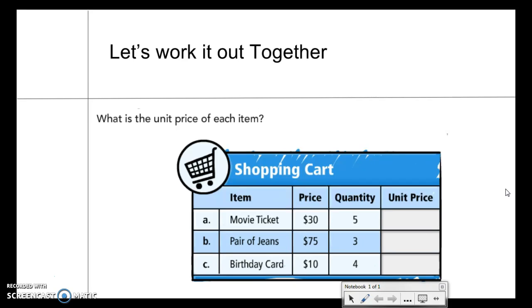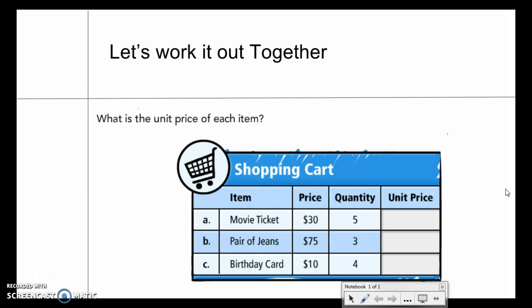All right, I don't want you to copy this. I just want you to see if you can work it out with me, or just follow along so that you know what to do on the next one. What is the unit price for each item? So say your friend goes and buys 5 movie tickets for $30, and all you guys have to pay him back the correct amount.